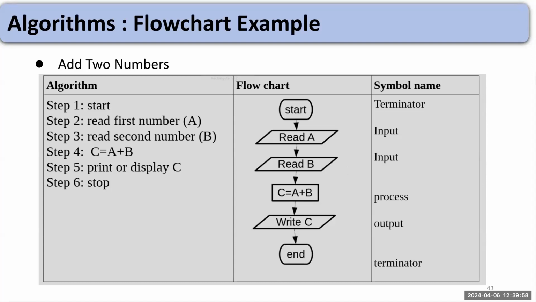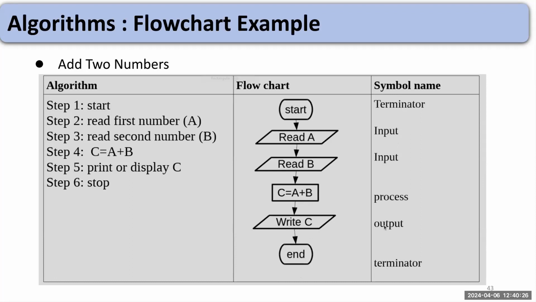And then the output goes to C: whatever the value in C will be printed as the computer output, and then end. These are the symbol names: terminator. These two are terminators.